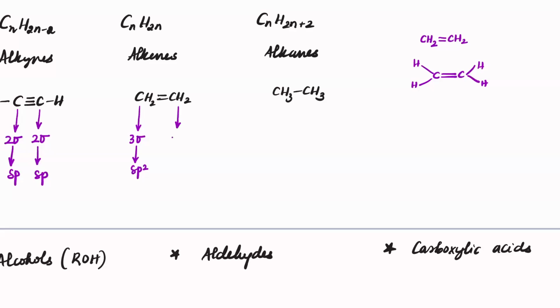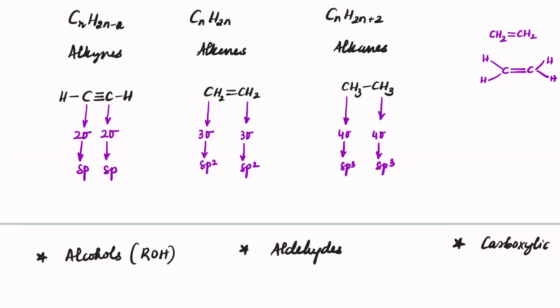Same is the case here: three sigma implies sp2. While here we have four sigma bonds, which makes it sp3. Same goes with this one: four sigma makes it sp3. Got it? So all you need to find out is how many single, double, and triple bonds a carbon has.